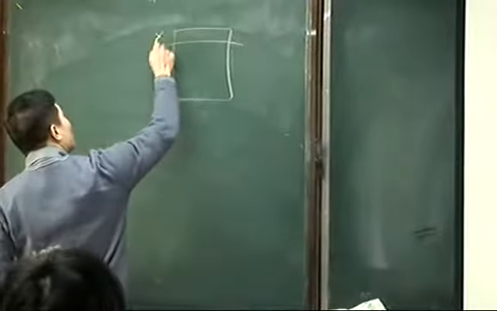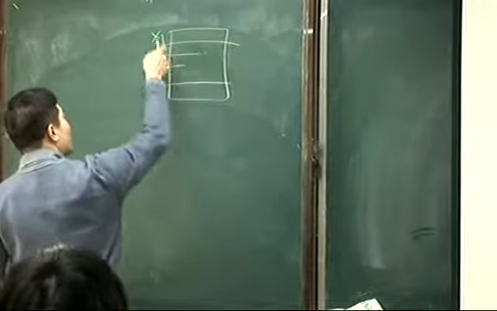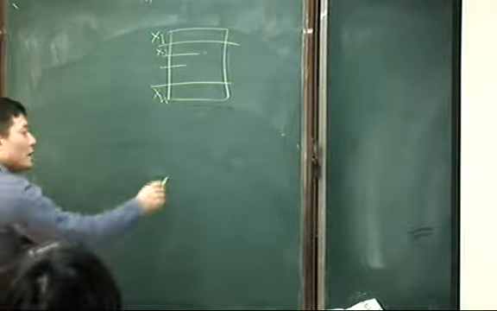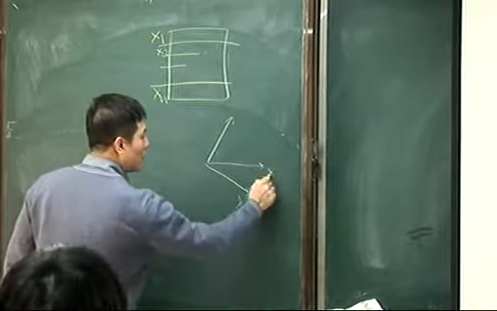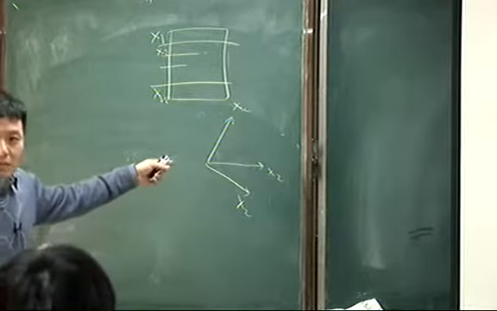So if you look at the matrix which has rows, say x1 up to xn, then the determinant is the volume of the parallelepiped spanned by these vectors.